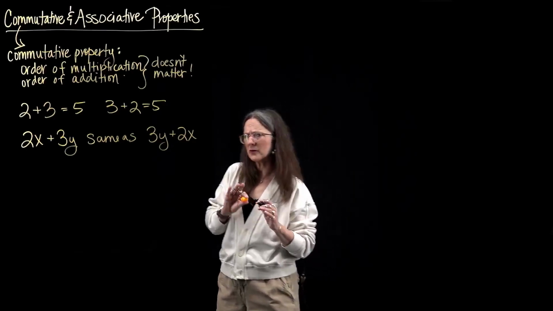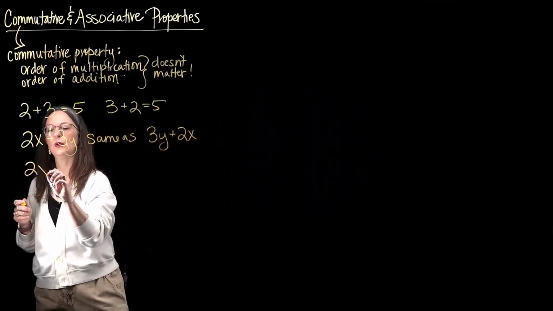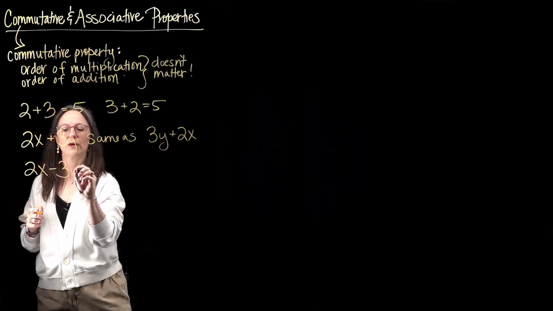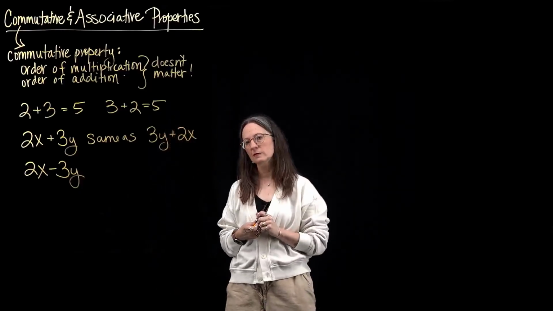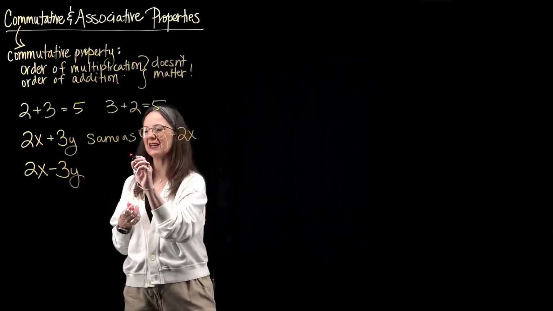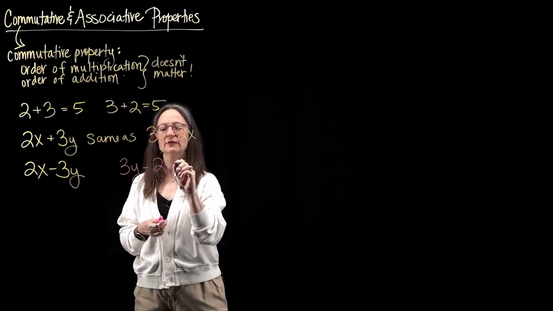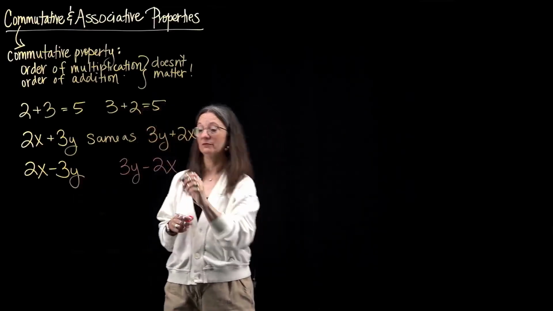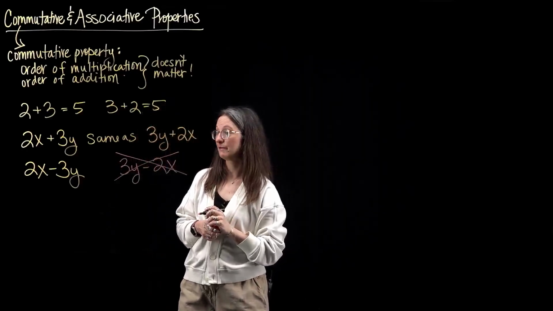Now let me throw a curveball at you here. Let's say I have 2x minus 3y. Well, is it the same as 3y minus 2x? It's not the same. But let me show you what is the same.